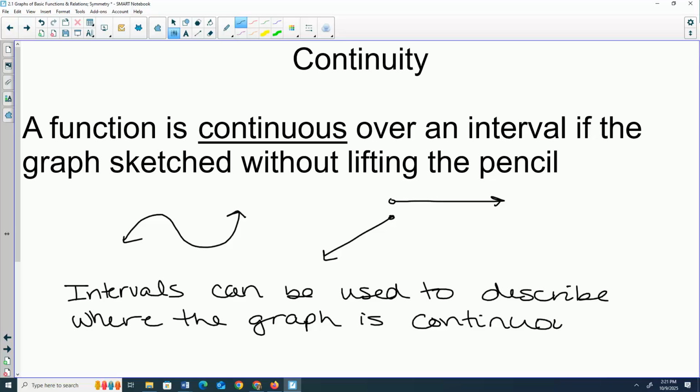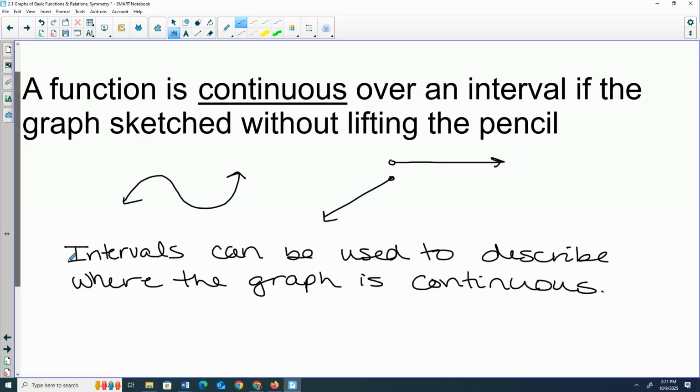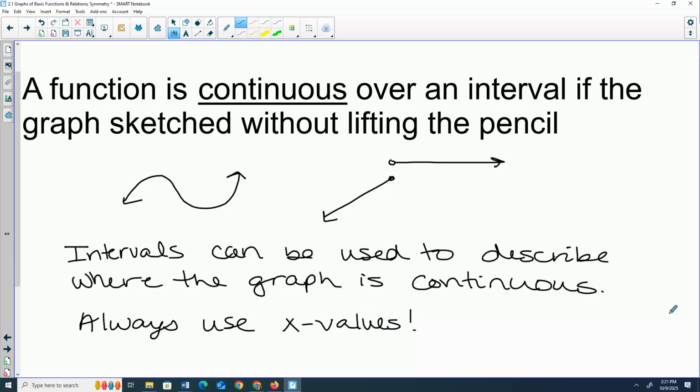When you do this, always use the x value. Okay, you don't want to tell me ordered pairs, you don't want to tell me a y. You give me an interval with an x.